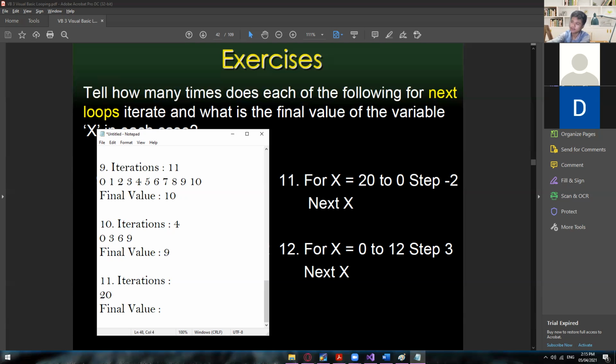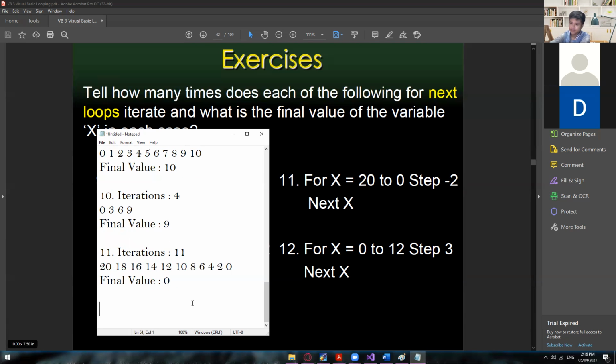Let's see if it's 11. 20, so it's decrementing by 2. 18, 16, 14, 12, 10, 8, 6, 4, 2, and then 0. So 1, 2, 3, 4, 5, 6, 7, 8, 9, 10, 11. Very good, it's 11 times, and then the final value is 0.